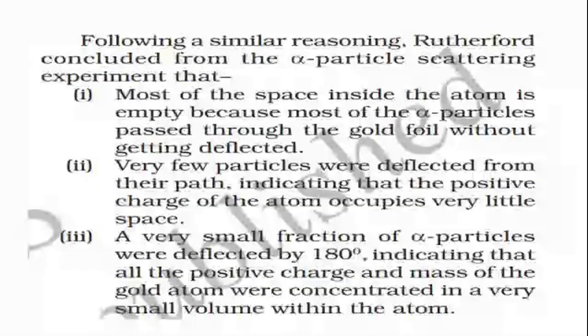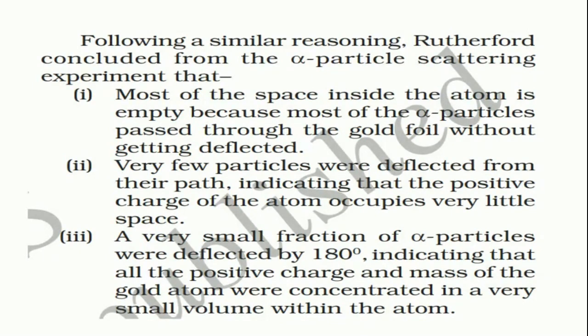So the rays are able to pass through the gaps present within the atom. That is why he said that most of the space inside the atom is empty, because most of the alpha particles pass through the gold foil without getting deflected. Very few particles were deflected from their path, indicating that the positive charge of the atom occupies very little space. Because the alpha particle is positive, when it meets a positive particle, it gets deflected.